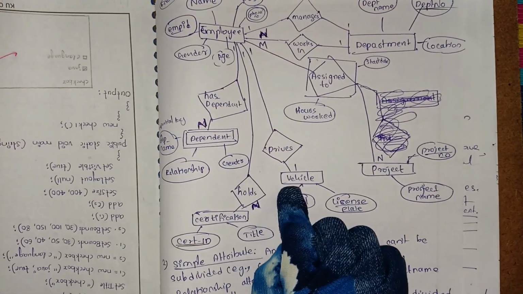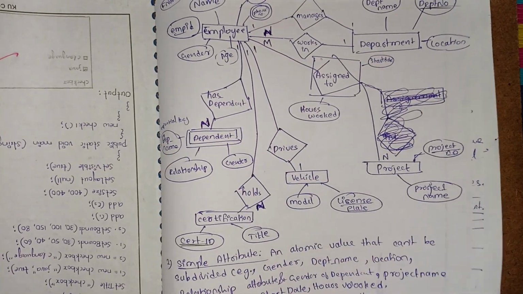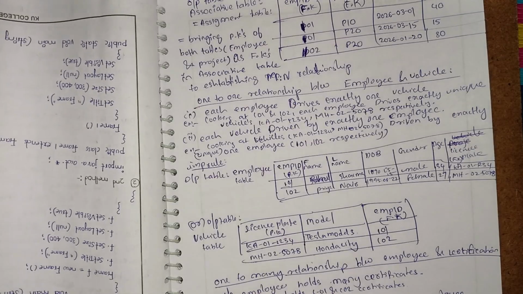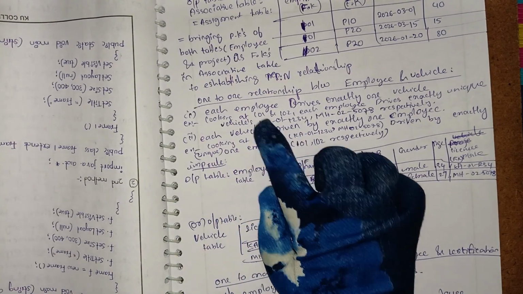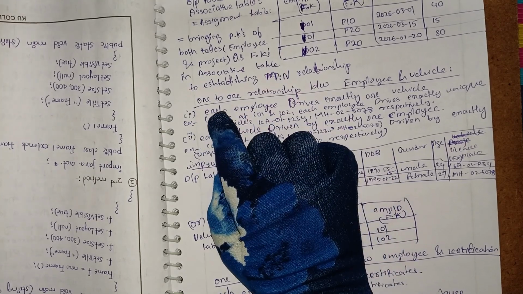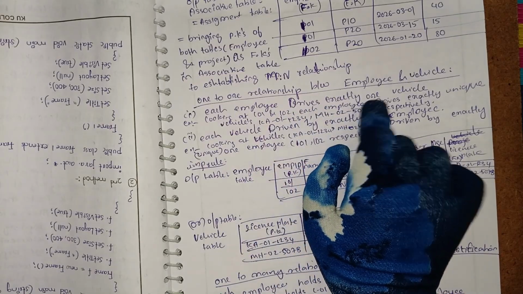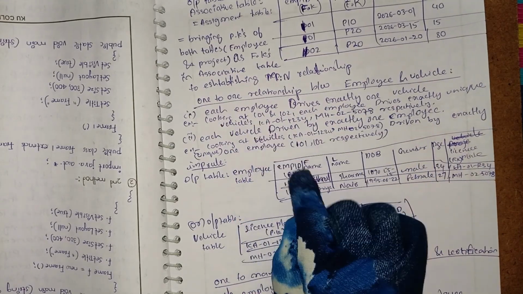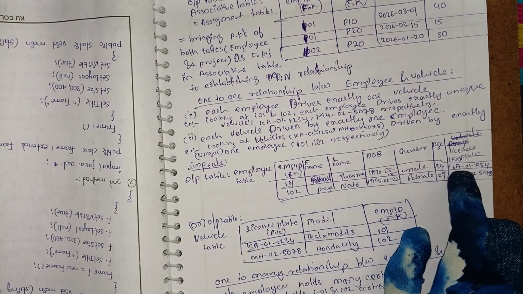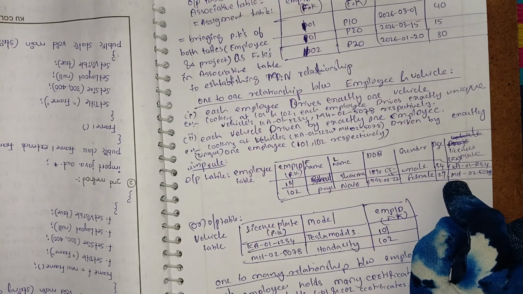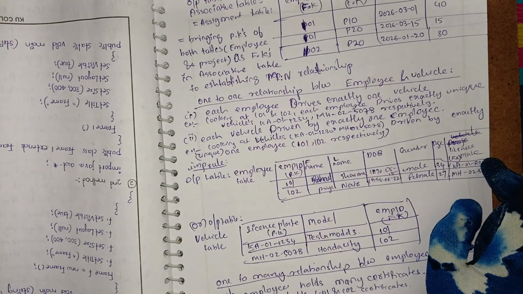Here we have employee and vehicle relationship, that is drives, one to one. So we are making statement from left to right, that is one to one. Each employee drives exactly one vehicle. Looking at 101 and 102, each employee drives exactly unique vehicles, that is KA and MH license plate numbers vehicle.